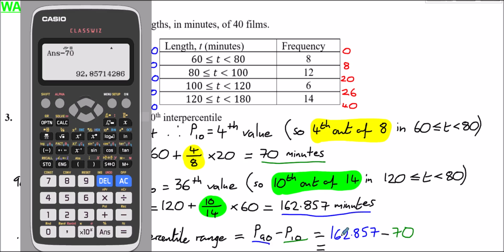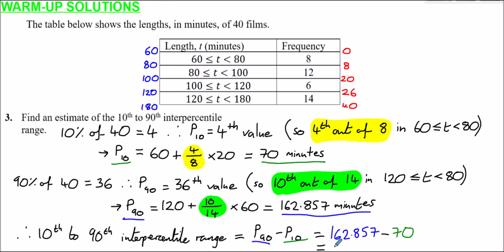So the 10th to 90th interpercentile range is going to be 92.9 minutes. And that's given to 3 significant figures.